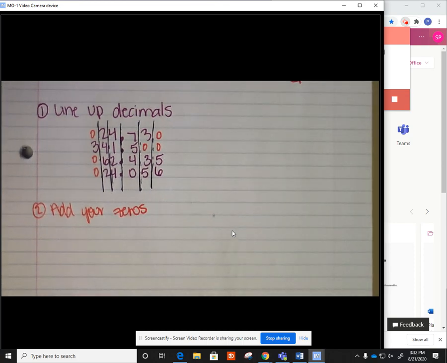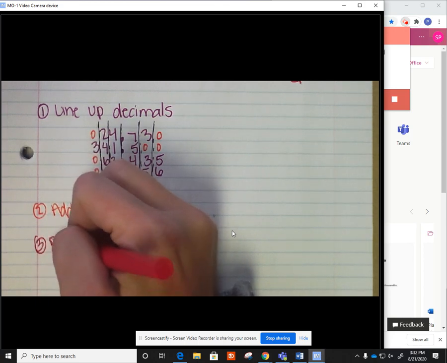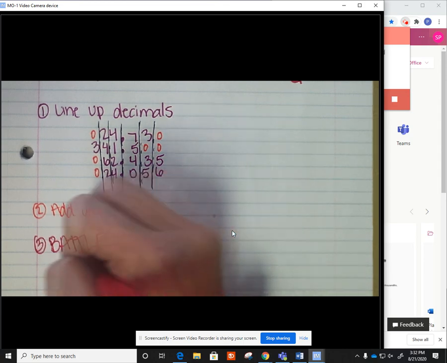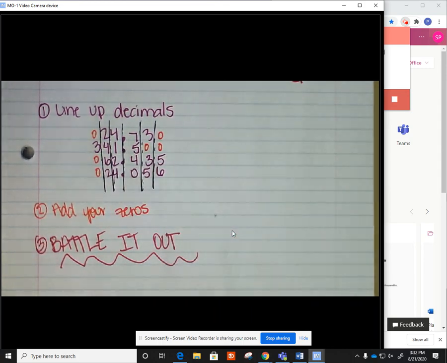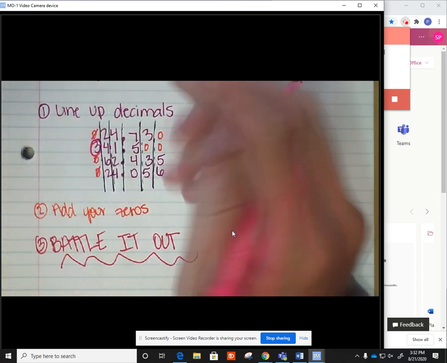Guess what step 3 is? Battle it out. Yes. Okay. So right away, when we battle out this first step, all these zeros are the same, and we have a winner right here, number 3.